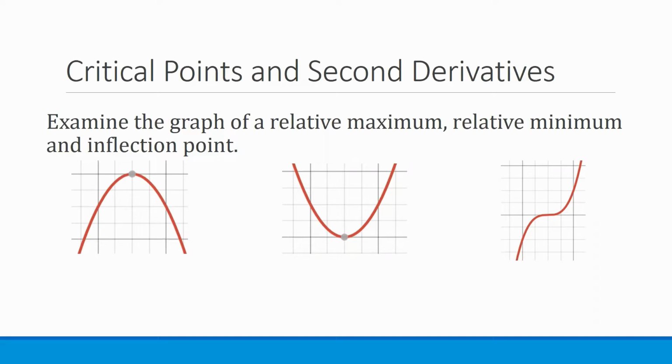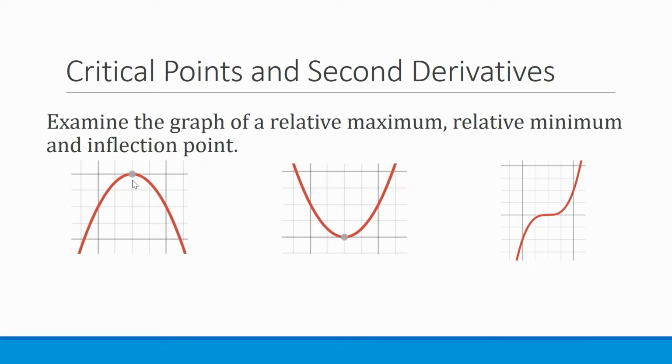The most natural place and the most often used place for using second derivatives and concavity is actually with the critical points we found earlier. We want to look at the difference between relative maximums, relative minimums, and inflection points.